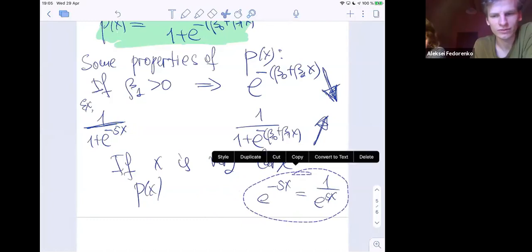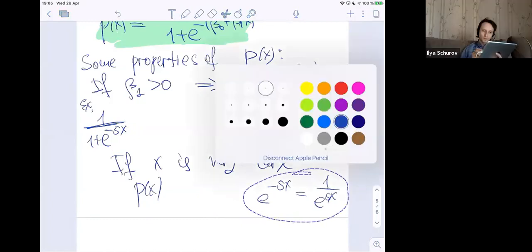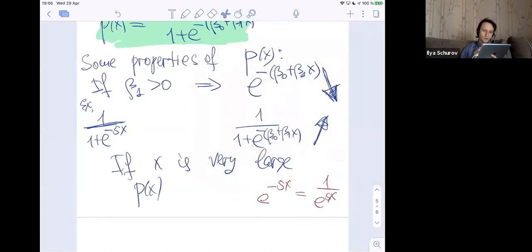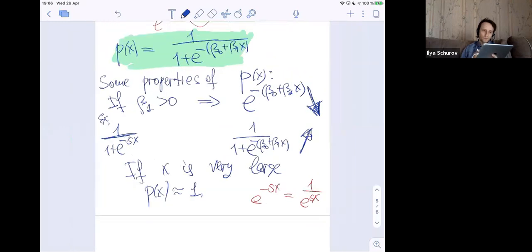It's very small. Small, yes, it is very close to 0. So this value is basically 0, or some very small number. So the denominator is just a little bit larger than 1, and this fraction is very close to 1. So this is like 1 over 1 plus something rather small, so this is very close to 1. Okay.